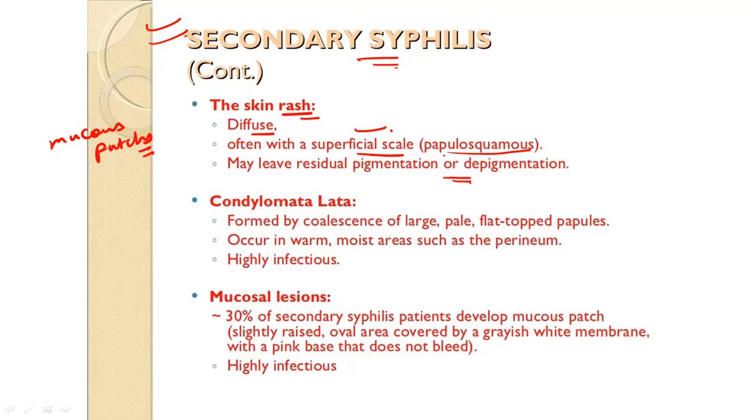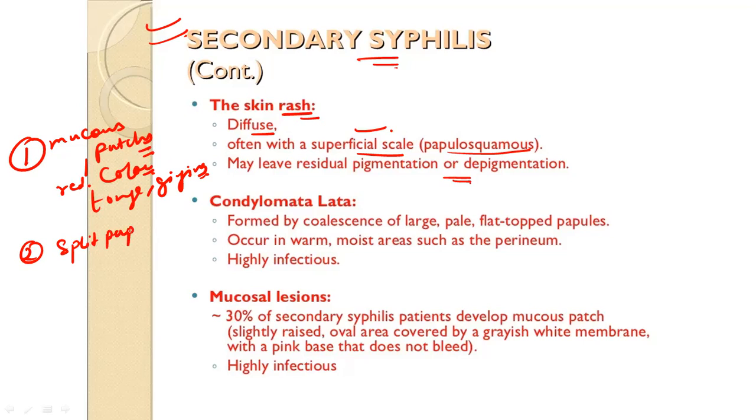So first of all, in secondary syphilis, mucous patches are there. Mucous patches are red in color, and they may be on the tongue and gingiva, right? Second, just remember this: the split papule.